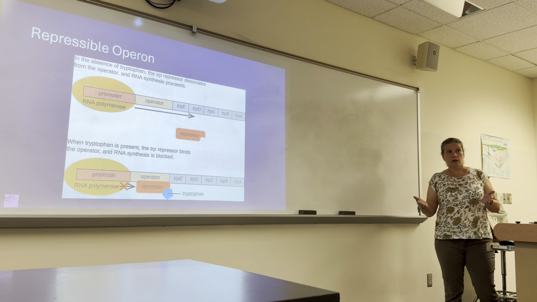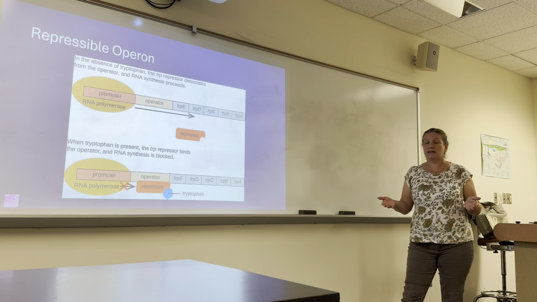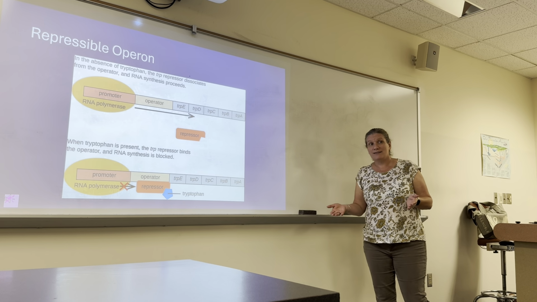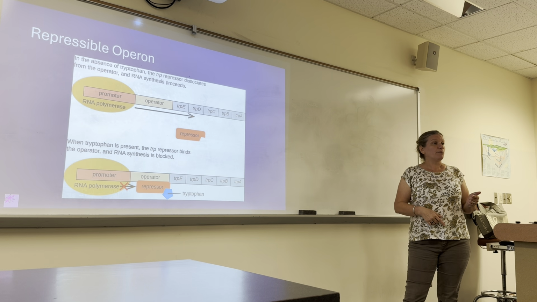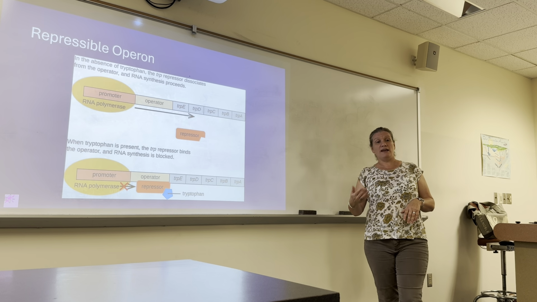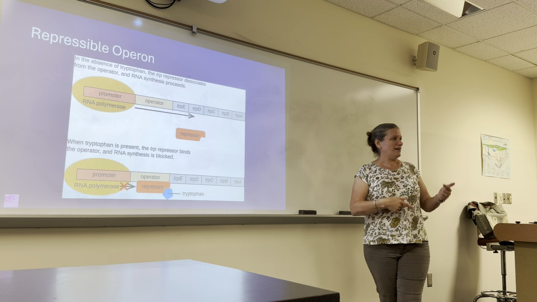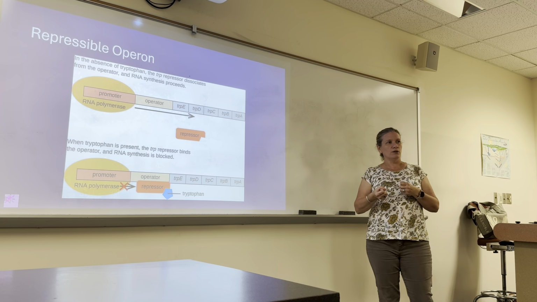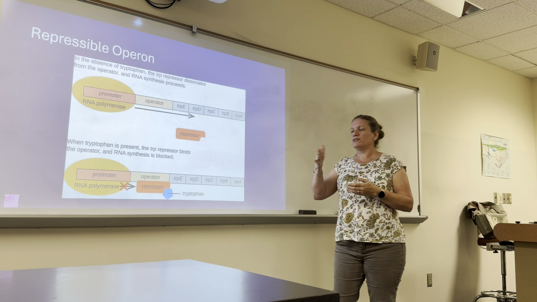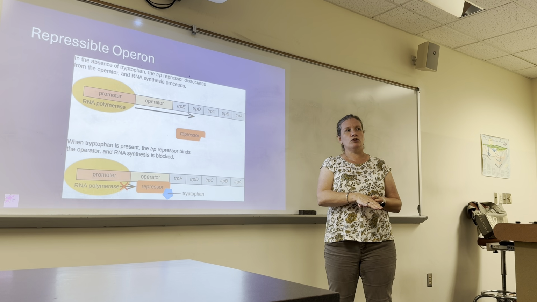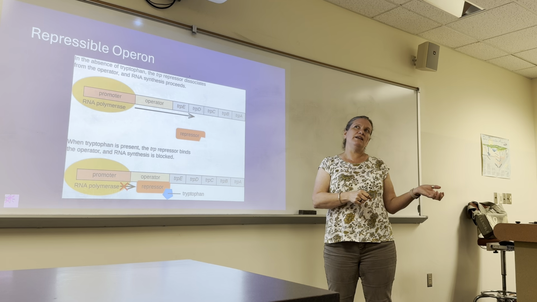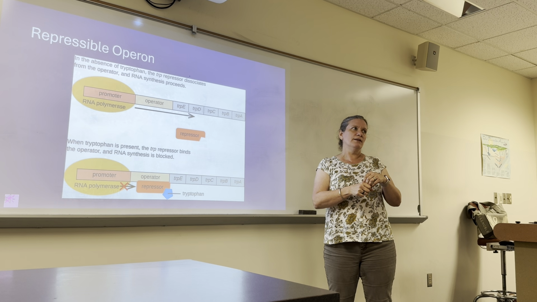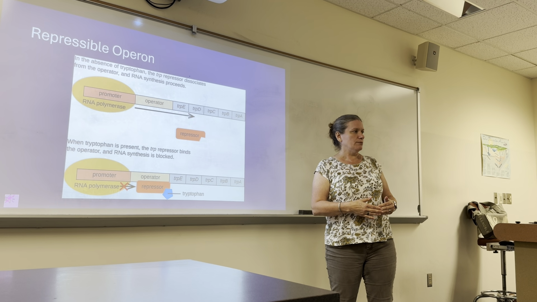And you say, well, don't we already have the enzymes out there to make tryptophan? Yes, the cell does. But proteins that the cell has already made, they have like a lifespan. They do cycle, right? And so as they cycle out, we're going to see that slow decrease of tryptophan. Tryptophan, of course, is being used to make other proteins, and the levels are going to start to drop.